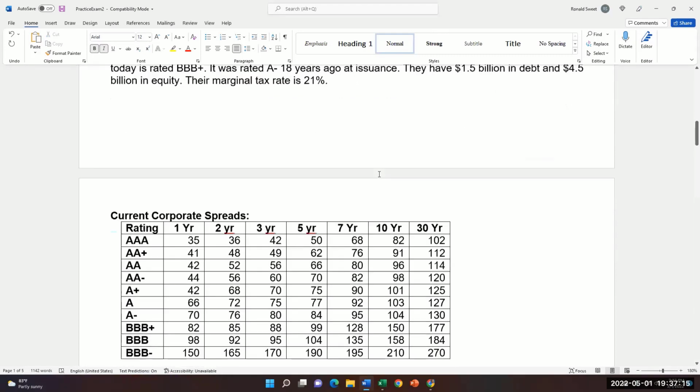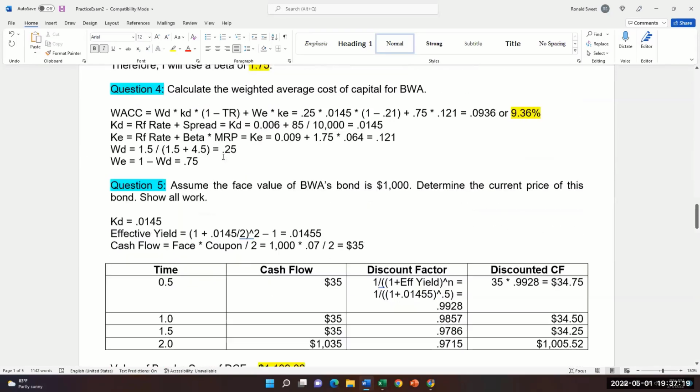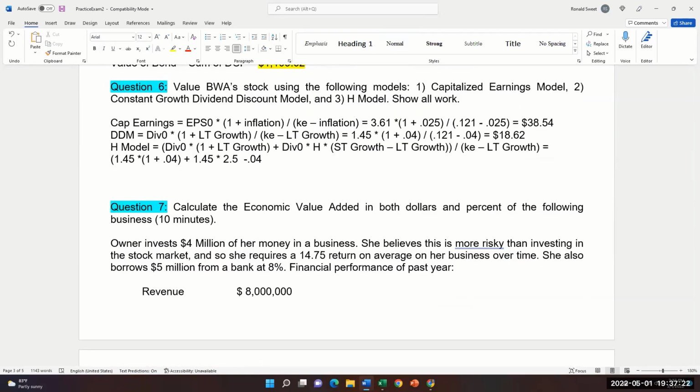So negative 5 and 2.5 are our numbers. If it's negative, you just type it as a negative 0.05, negative 0.05 minus 0.04 divided by 0.121 minus 0.04. And that was going to give you a number that's smaller than your dividend discount model because our short-term growth is a negative number. It gives us 14.59. Let me double check that one.